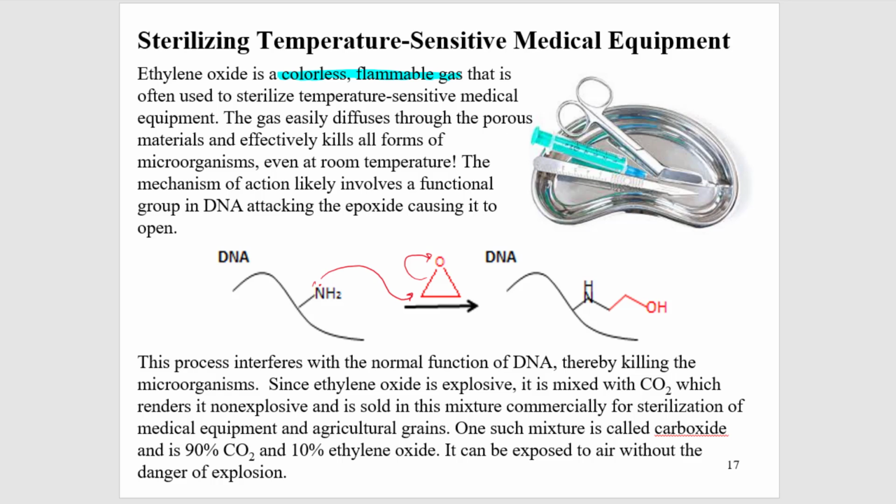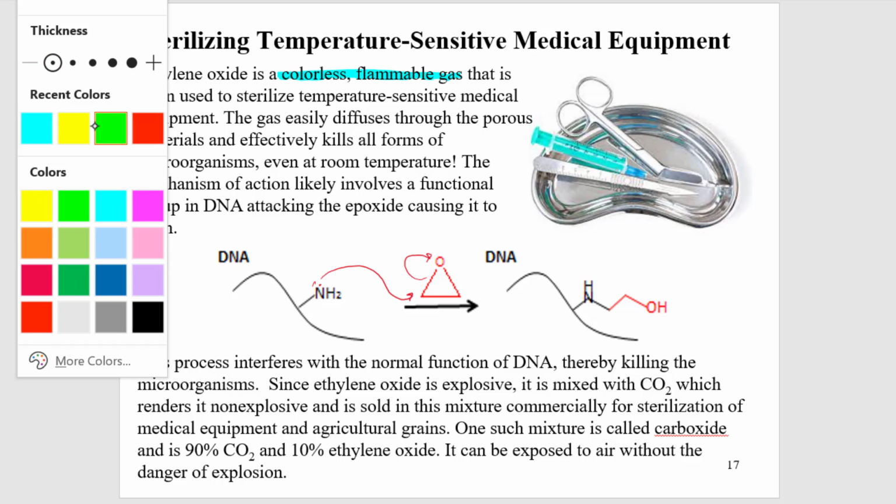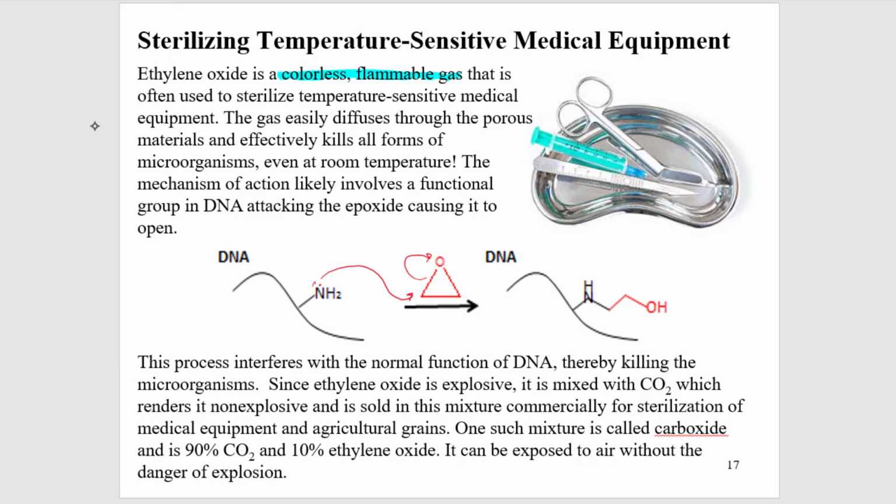Now, if that's what's happening, if you're introducing ethylene oxide gas and there's bacteria there, the bacteria's DNA interacts with it, and this process interferes with normal function of DNA, thus killing the microorganisms. So this is also very nice too, because the gas easily diffuses through the porous materials, effectively killing the microorganisms through this pathway that I'm just showing you.